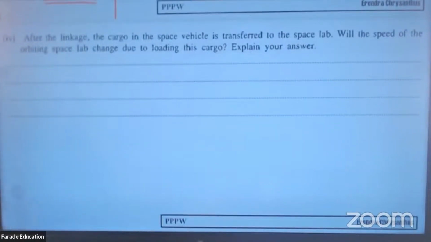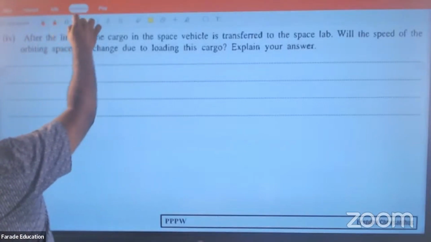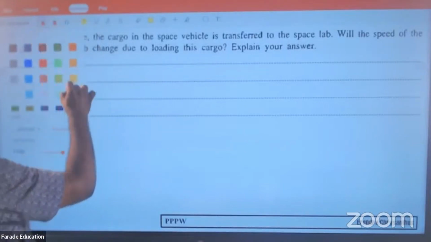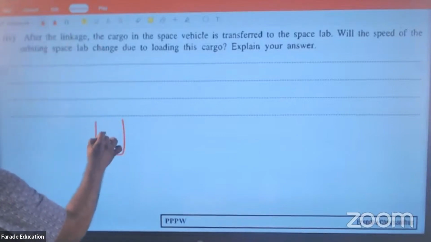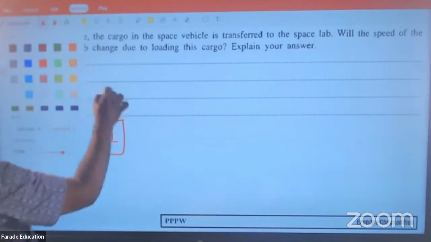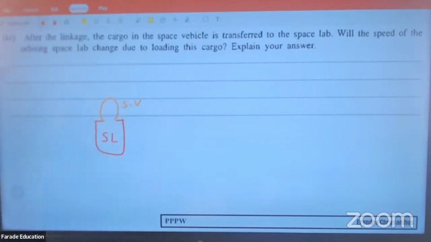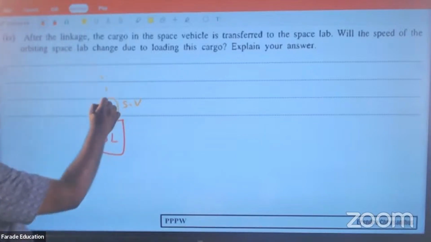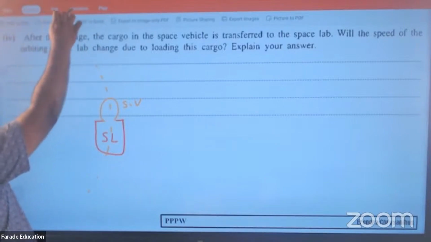Finally, after linkage, let me draw this one. The space lab is there. After linkage means the space vehicle is linking here. Now at this orbit, both are joined.